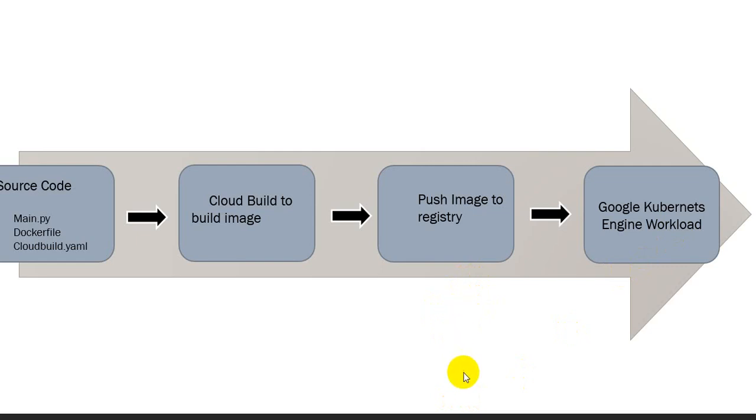So that after some time, once this automated process is completed without affecting anything, the end user can access the version 2 application, I mean the version 2 web app.